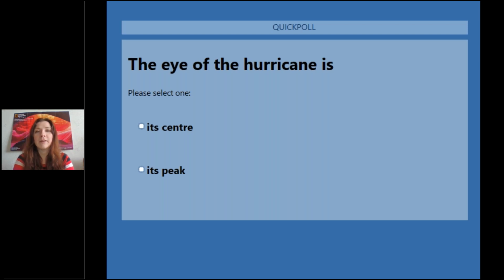The eye of the hurricane: its center or its peak? Let's say that we will have about 1 minute for each, so more of you would be able to answer, but be quick because we have 6 questions.